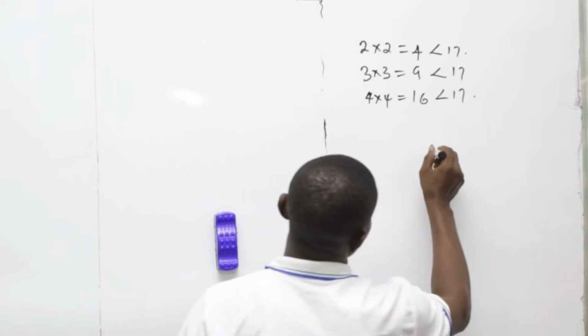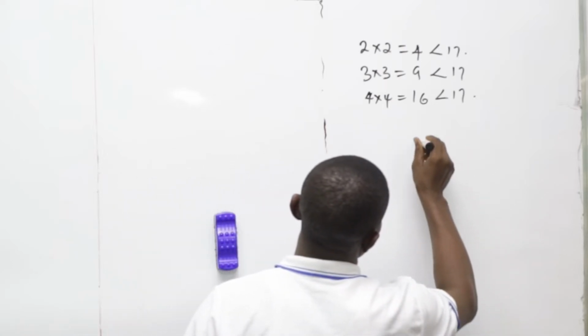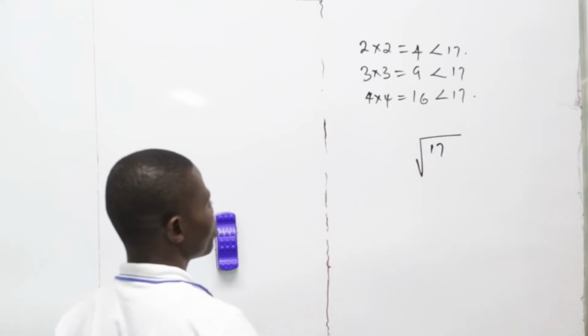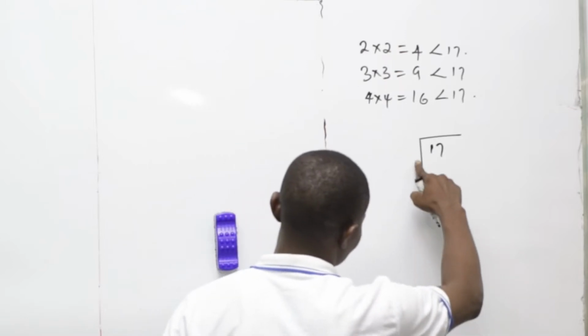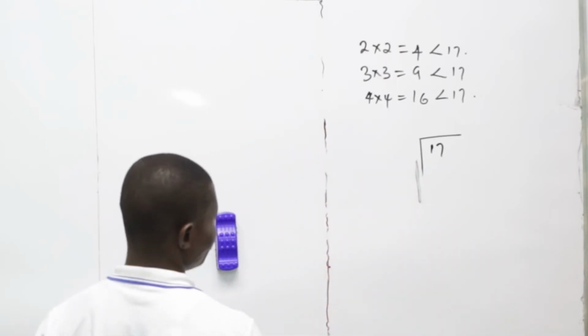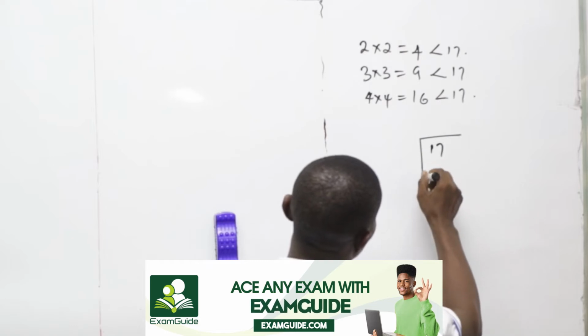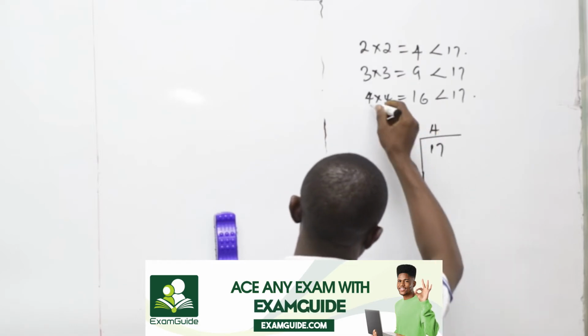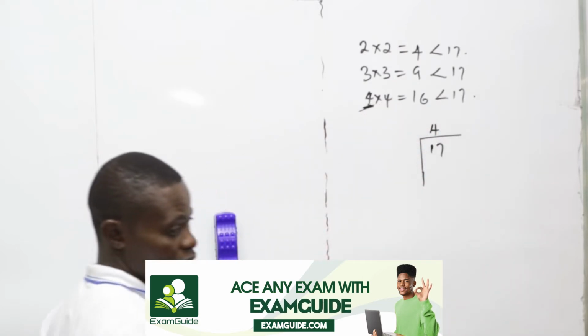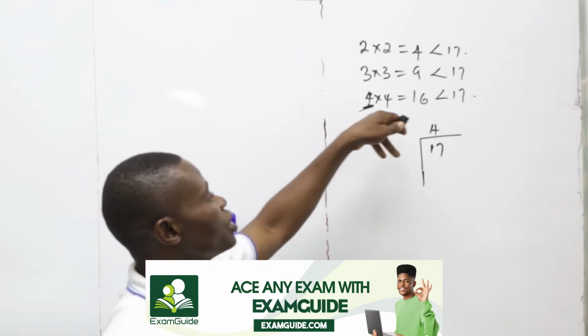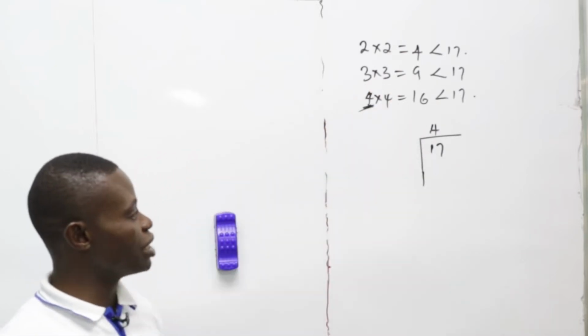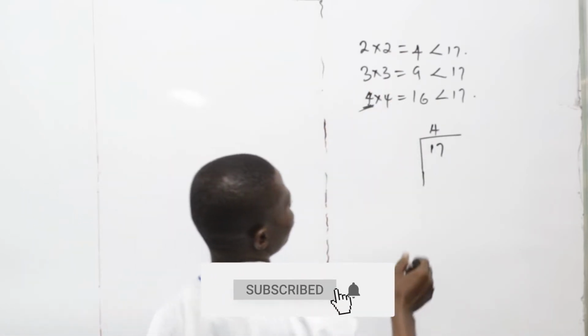So I will write square root of 17. We want to get the square root of 17. So, 4, because it's the number that gave us 16 by multiplication. So what do you do now?